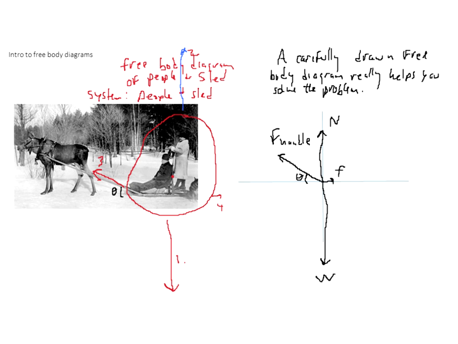I tried to make the arrows roughly proportional to the force that they exert. And we'll talk more about that later. I probably made the handle force too long compared to the weight, because these two people in their sled, well, let's see, if they're normal adults, and this was from the early 1800s, so people weren't as overweight like a lot of folks seem to be today.